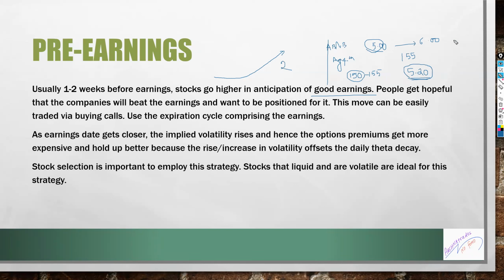So instead of taking the $1 profit and closing the trade, I am taking only 20 cents profit, okay? But now I have a free trade. I have a 150, 155 call debit spread, which is free. I didn't put any money in it, okay, for earnings. So now I have a free earnings trade.